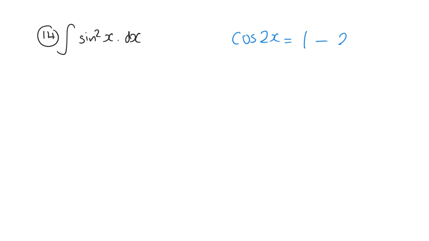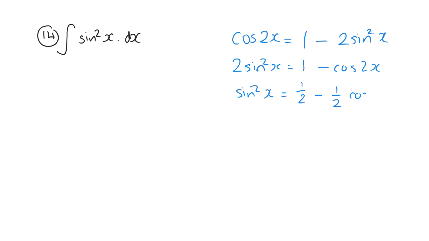So 1 minus 2 sine squared x. So if we rearrange this, 2 sine squared x equals 1 minus cos 2x. Divide across by 2. So we get sine squared x equals a half minus a half cos 2x.